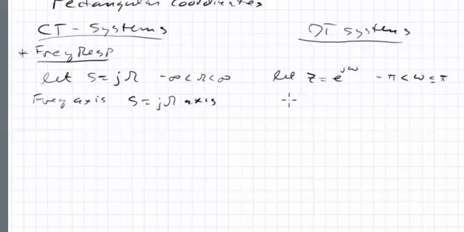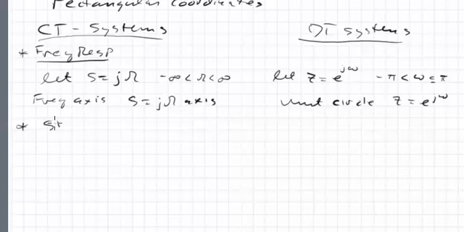Over here, the frequency axis is the unit circle. So this is the unit circle, and this is a straight line. What else? So that's a comparison. The frequency axis is a circle here, and it's the j omega axis there.